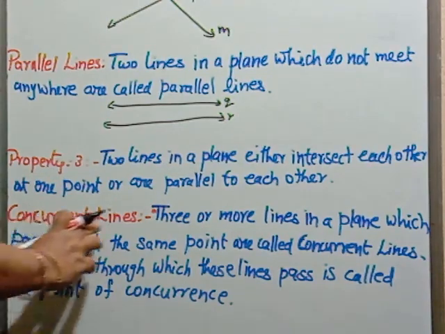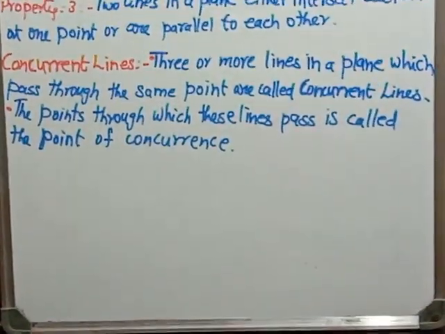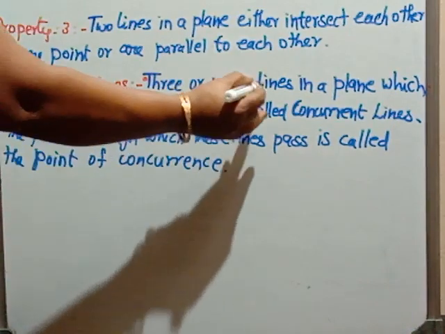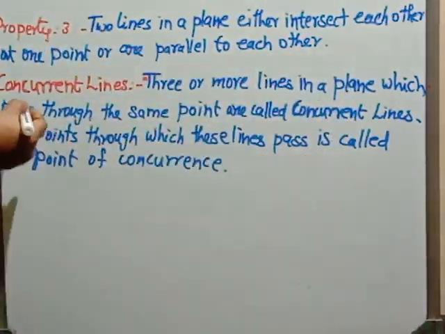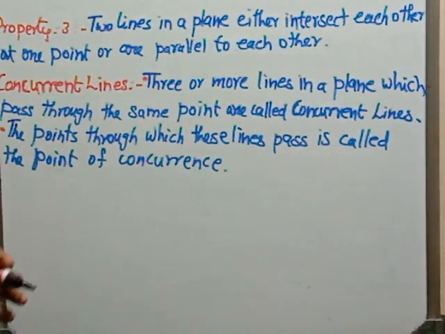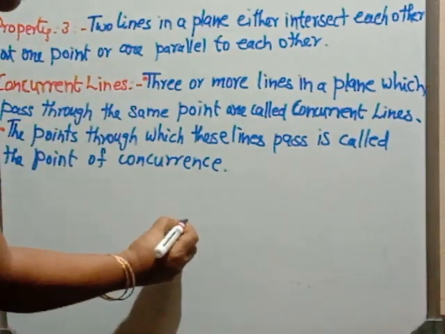Now, we'll move to concurrent lines. This is the last point in the introduction part, concurrent lines. What are concurrent lines? Three or more lines in a plane which pass through the same point are called concurrent lines. What is a concurrent line? Three or more lines should pass through one point.